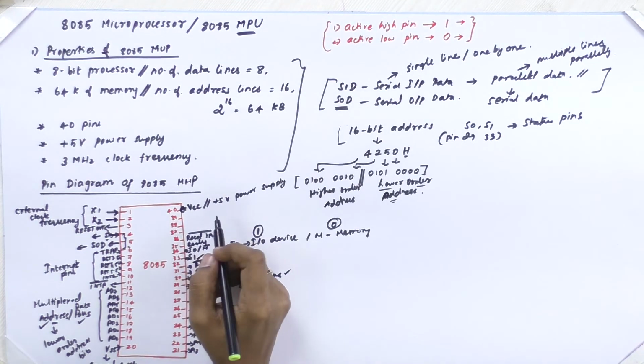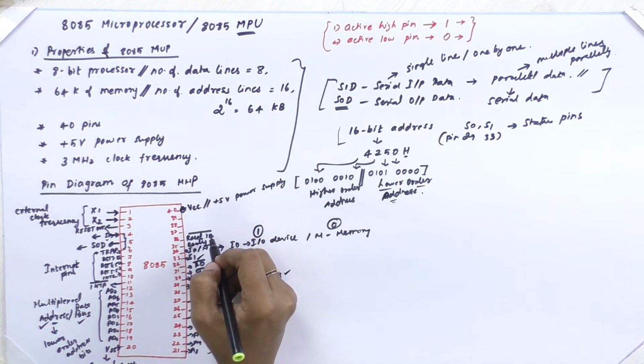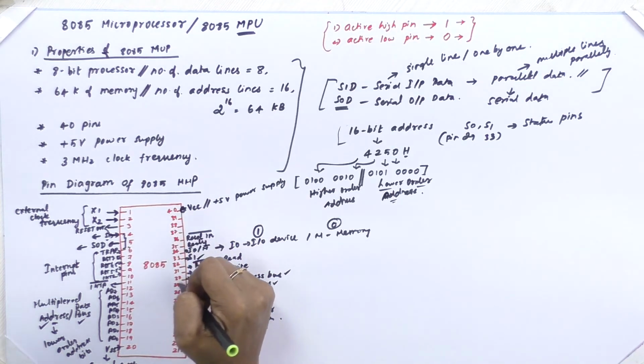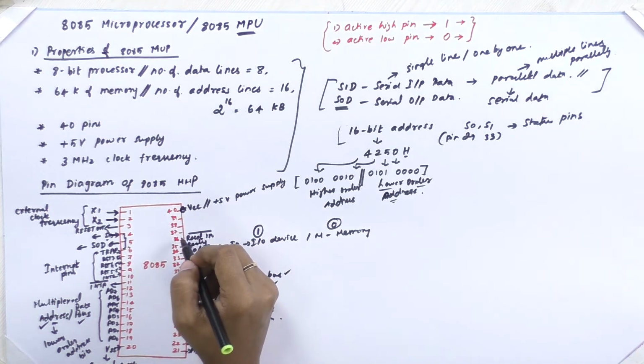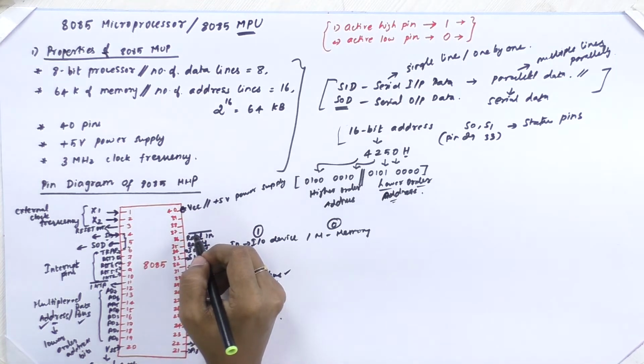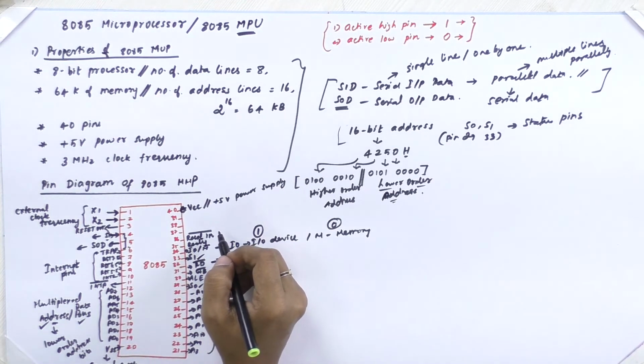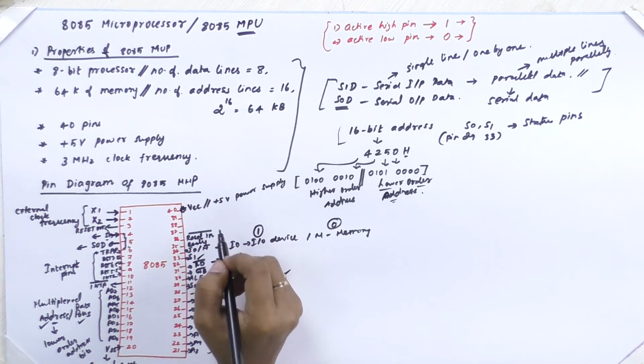Next, the 36th pin is reset in. It is an active low pin. Whenever the pin goes low, then the processor gets reset. That is, all the values will be set to their default value, and the program counter value is set to 0. The program counter stores the address of the next instruction. It will be set to 0.